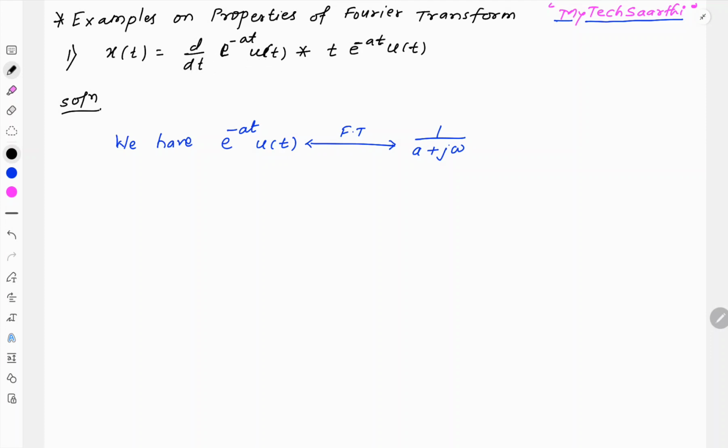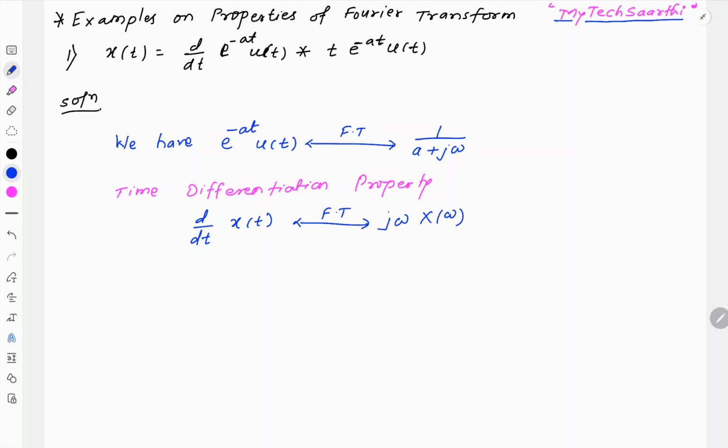So we use the time differentiation property. The property says that d by dt of x of t will have Fourier transform j omega into x of omega.